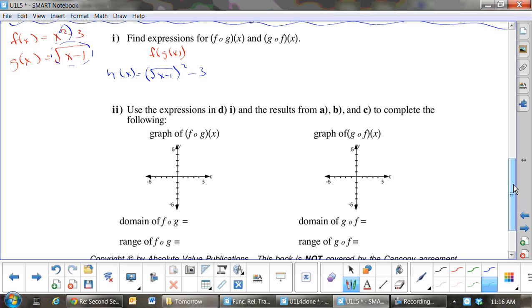Now what happens after this gives us some insight of where I'm going. After I do this, I get x minus 1 minus 3, and I get x minus 4. That's h of x. So the question would be, what is the domain of h of x?